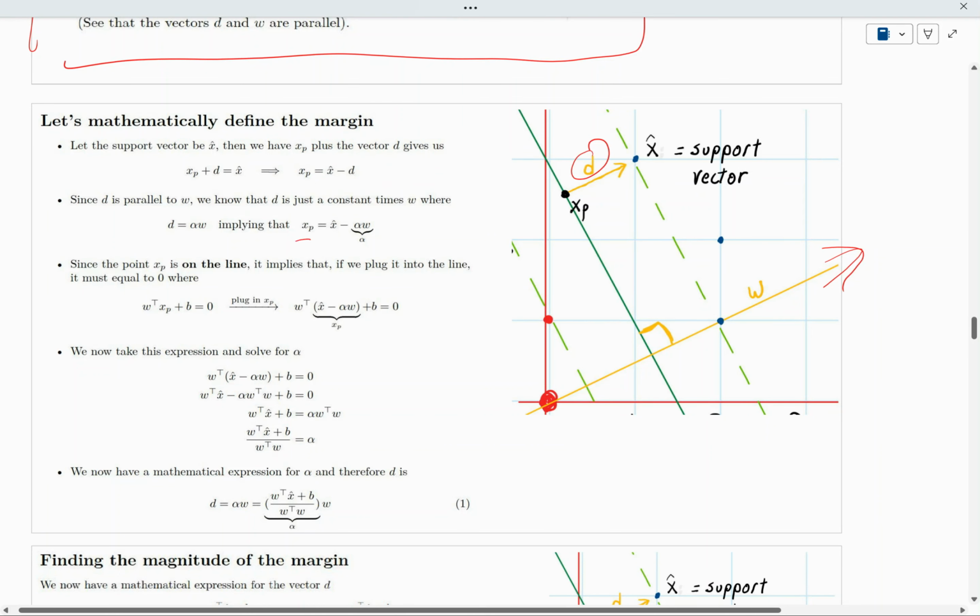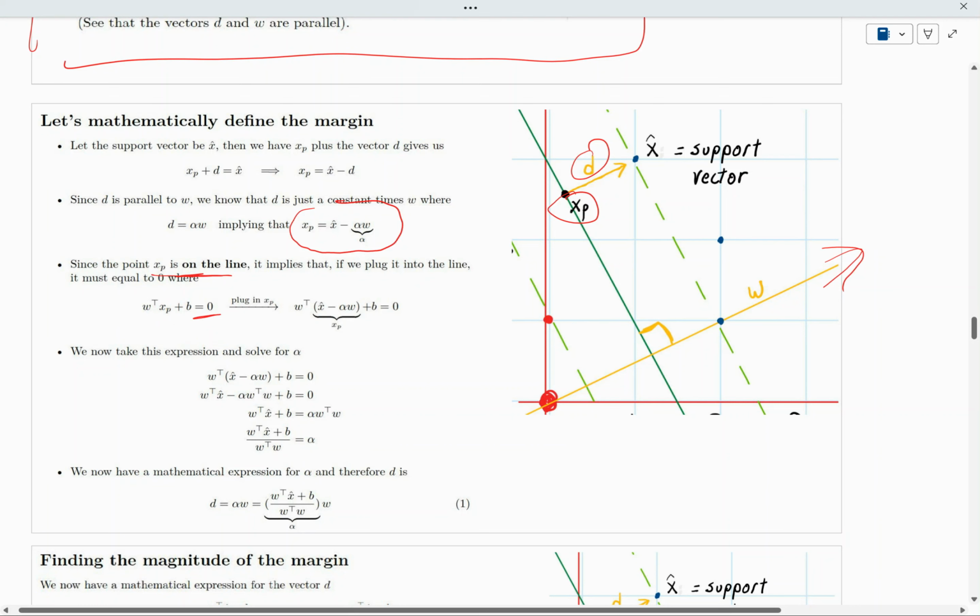So xp is equal to x hat minus alpha w. Okay, we know that xp is on the line. It implies that if we plug xp into the line equation, we should get 0.